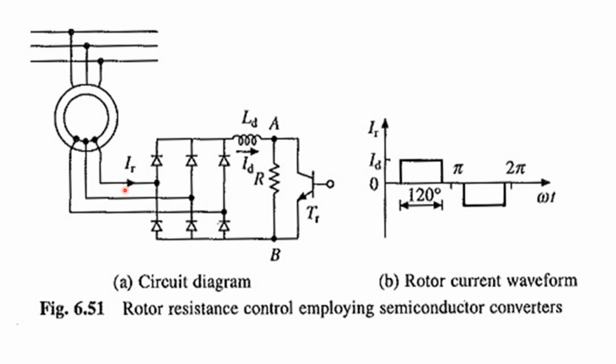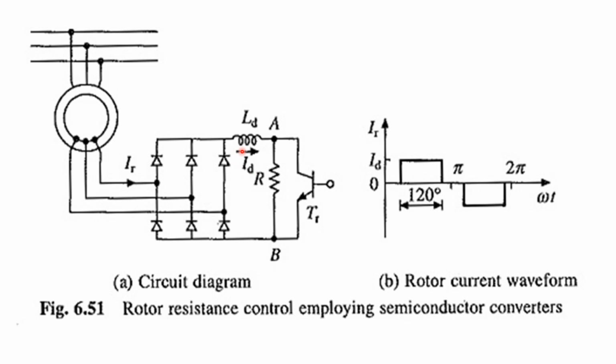Here, your stator is connected to the 3-phase AC supply, and the rotor circuit output voltage is connected to a bridge rectifier through the inductor LD to the parallel combination of one transistor and the resistor R. By varying the pulse width, the firing angle, or the duty ratio of this transistor, you can control the resistor value, that is, the rotor resistance value.